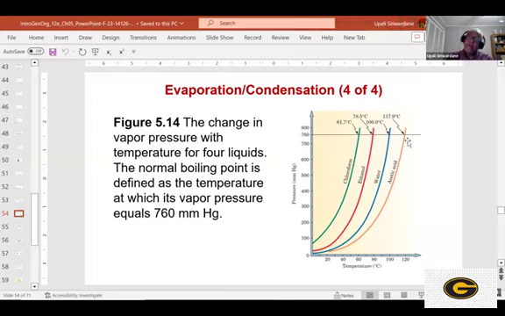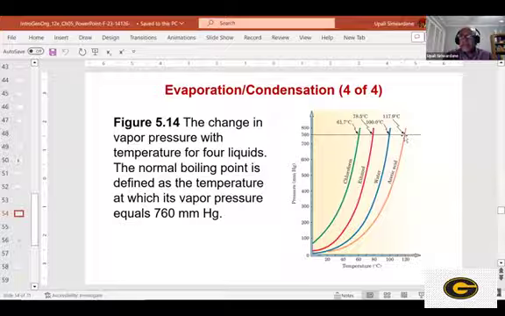Boiling point is defined as the temperature where the vapor pressure is equal to 760. So this line here going through 760 shows the boiling points of chloroform, ethanol, water, and acetic acid.